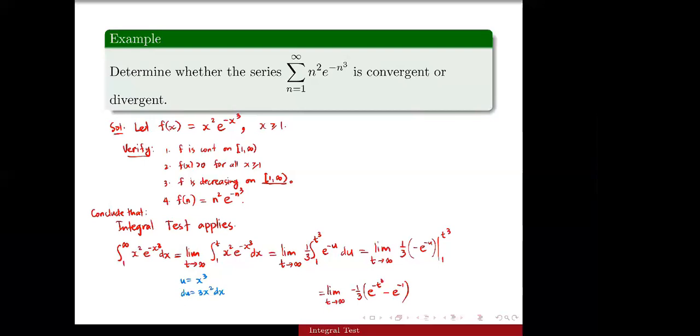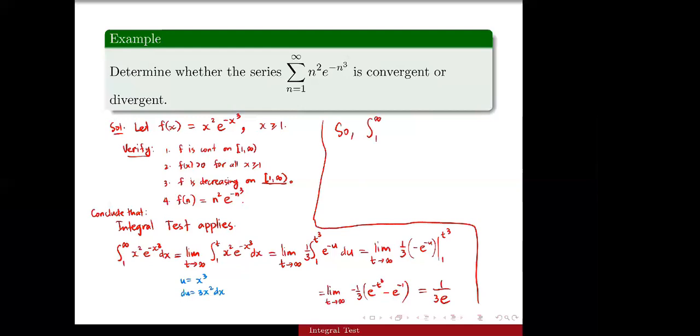And as t goes to plus infinity, negative t cubed goes to negative infinity, so e to the negative infinity is just 0. So this is just 1 over 3e. And therefore, the improper integral is convergent.